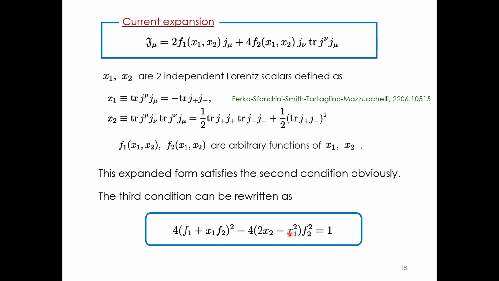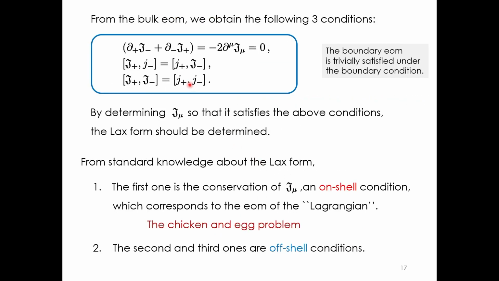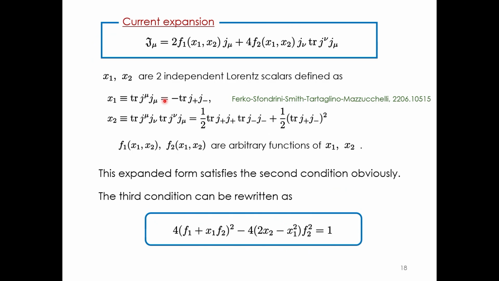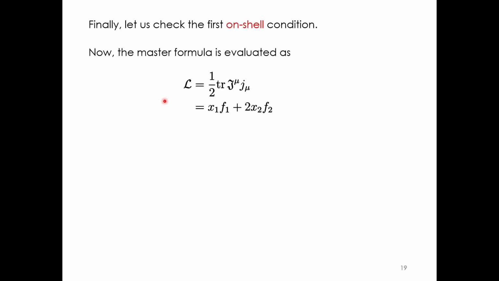Probably you can remember the Courant-Hilbert conditions I explained yesterday. These Courant-Hilbert conditions appear from this third condition. So the remaining task is to check the first condition, the on-shell condition. Let's consider the variations of the Lagrangian. The master formula Lagrangian is evaluated like this.